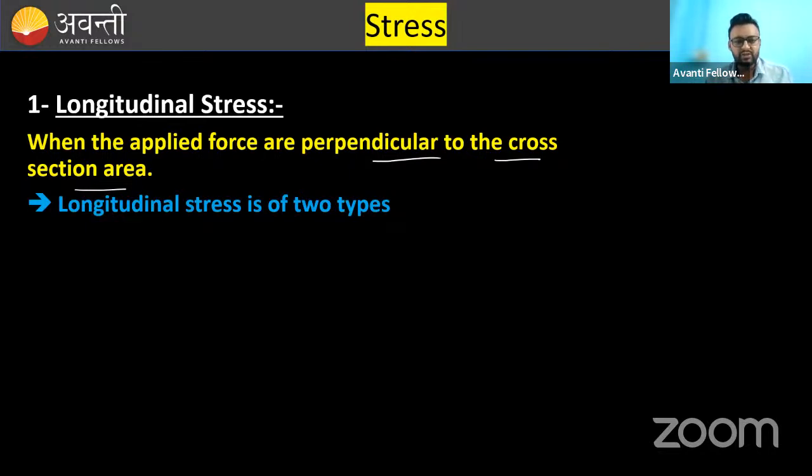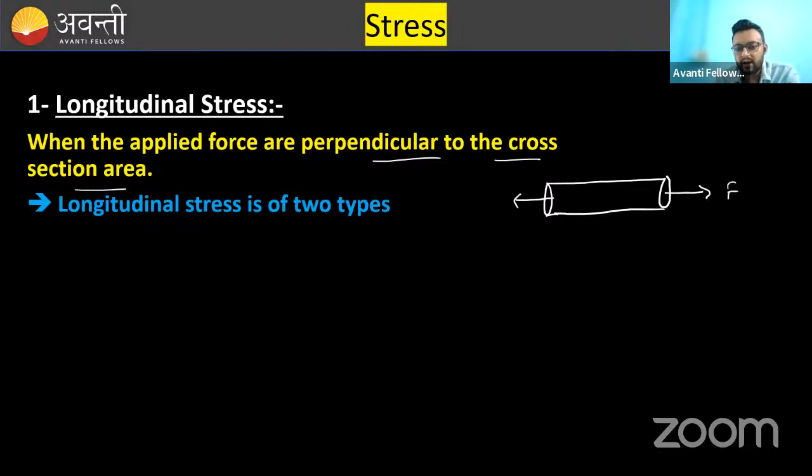Can you visualize the situation when the applied force is perpendicular to the cross section area? Yeah, you can definitely realize it. Suppose this is a body, and the forces are applied like this.